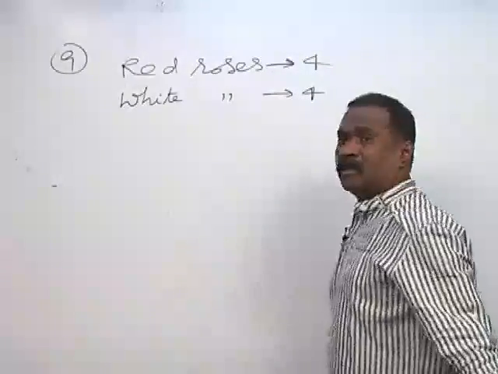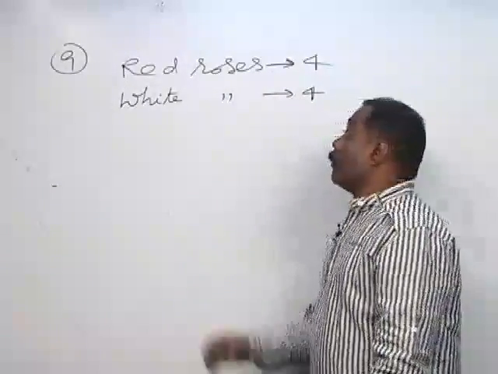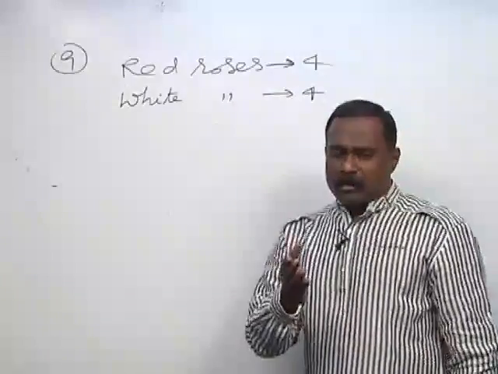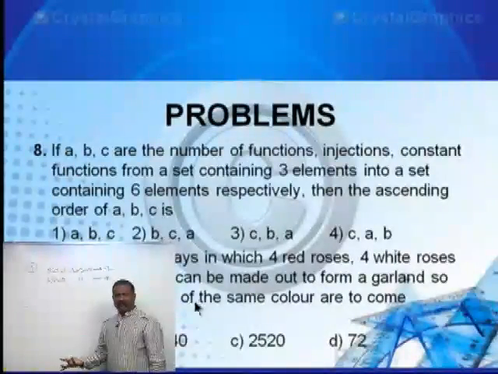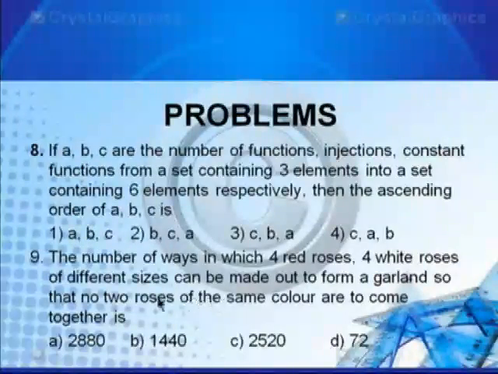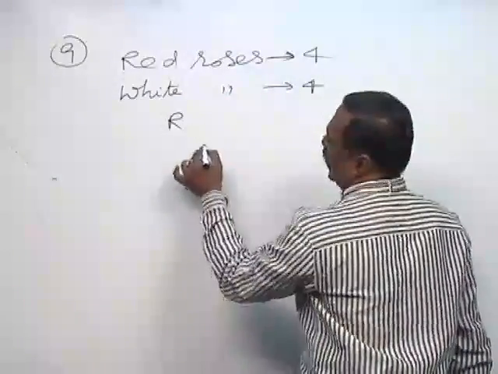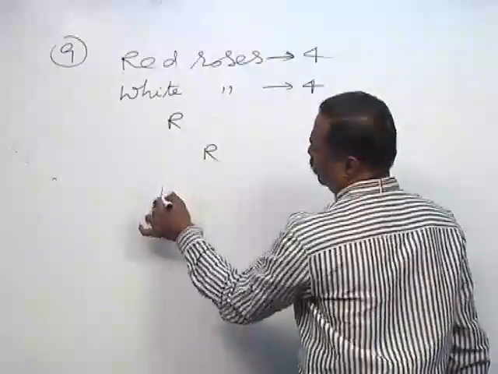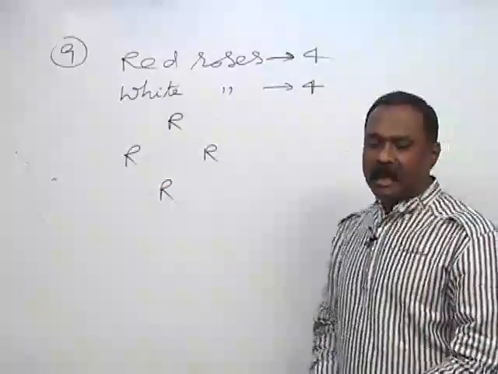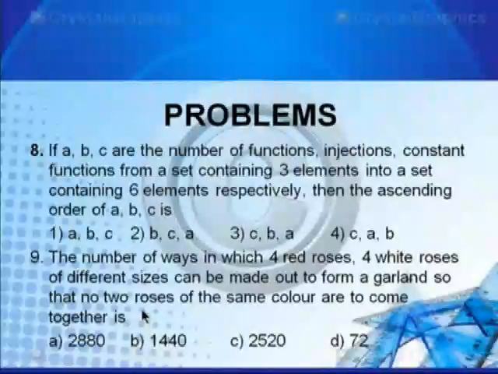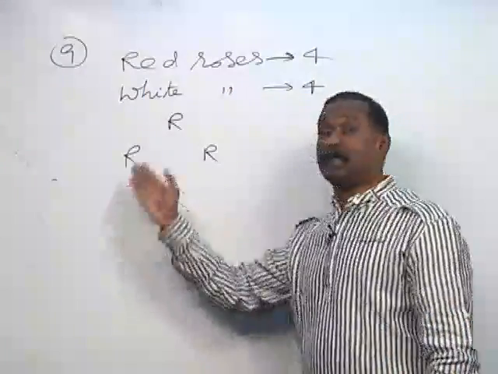Now the condition given here is that no 2 roses of the same color should be together. They are to be formed as a garland. Don't forget that. Garland means it's a circular permutation.